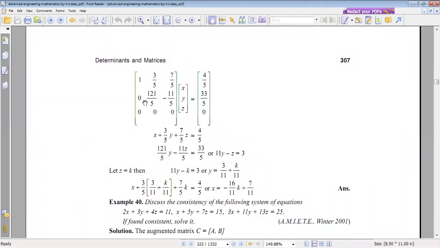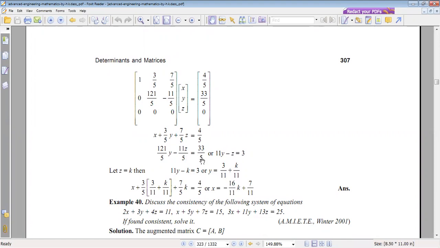In the second equation, 0 into x is obviously 0, then 121 by 5 y minus 11 by 5 z equal to 33 by 5.